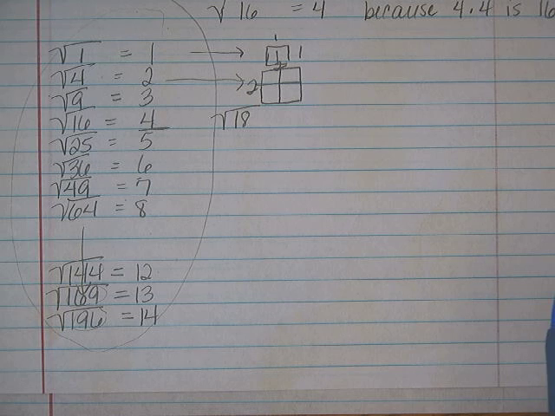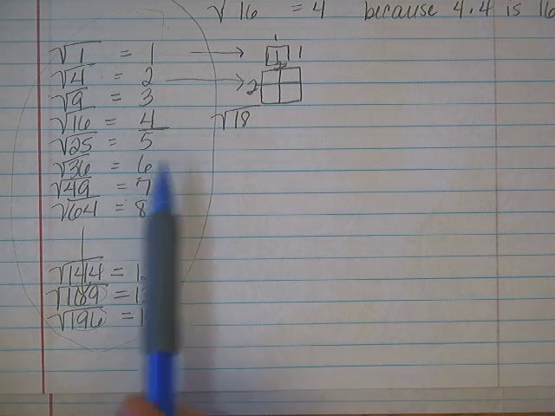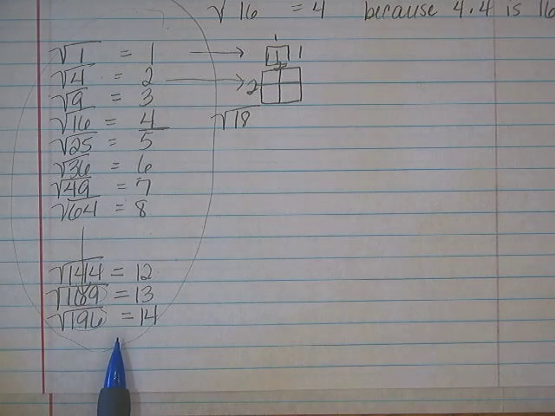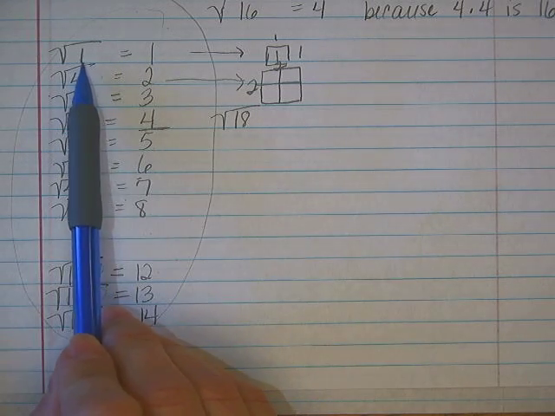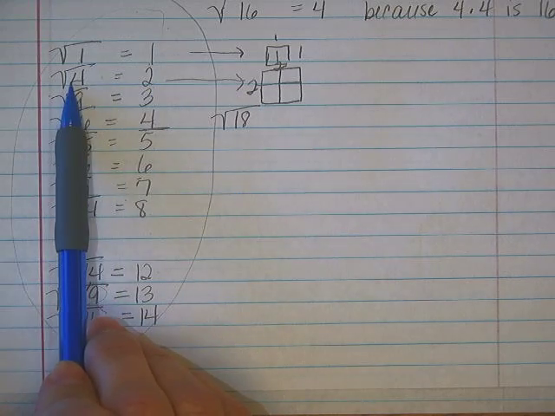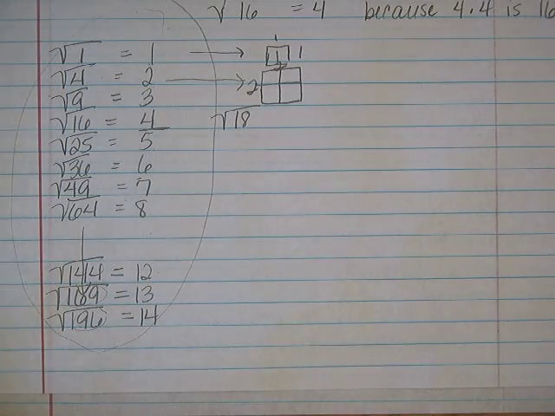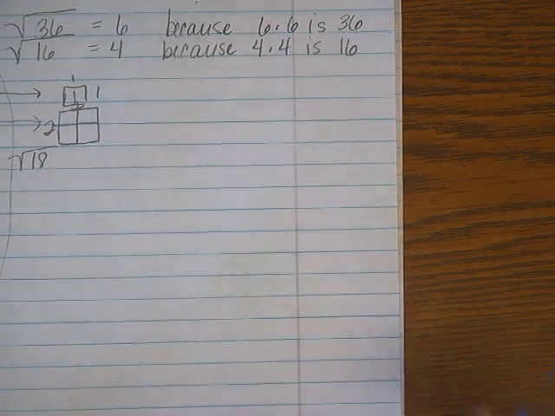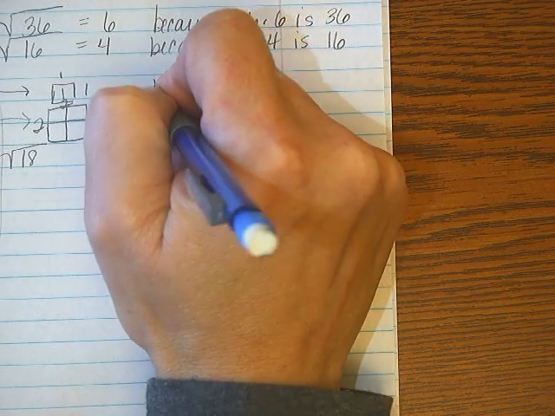We discussed that in the last video, and if you're a little bit confused, I recommend you go back and watch that video, about how we have all of these perfect squares. We should memorize 1 is the square root of 1. 2 is the square root of 4. 3 is the square root of 9. And I would recommend just practicing it like this.